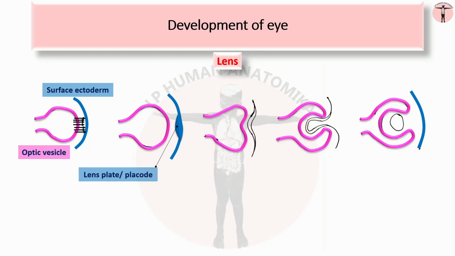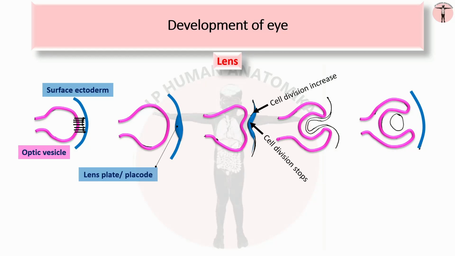This thickening is caused by an elongation of the ectodermal cells and by a regional increase in cell division. Cell division ceases in the center of the lens plate, and accelerates in the periphery of the lens plate.